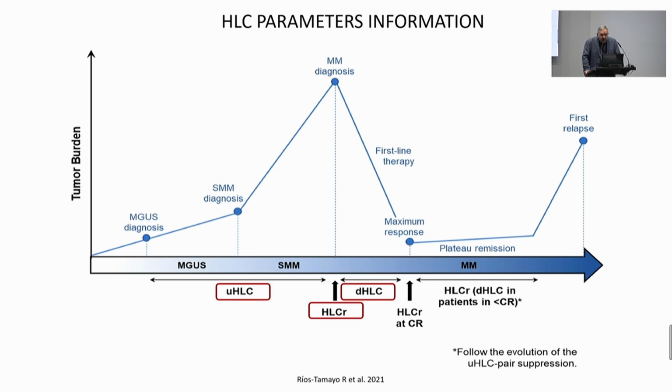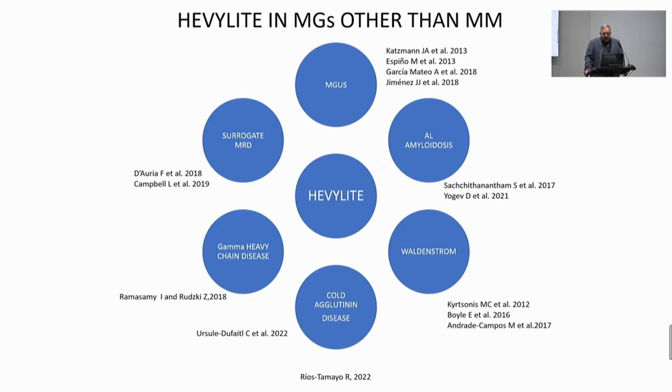In precursor diseases, like MGUS, we can use the uninvolved pair to assess the risk of progression. Of course, Hevylite has been tested in all the monoclonal gammopathies, from amyloidosis to Waldenström to cold agglutinin disease. It has even been used as a surrogate of MRD.